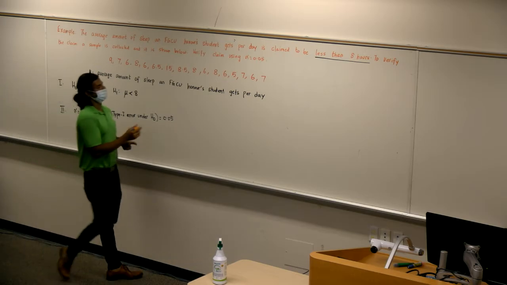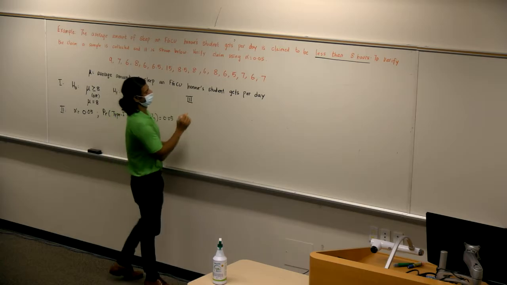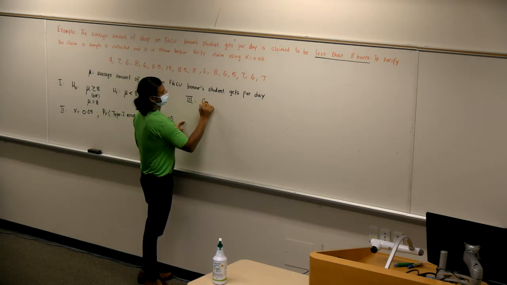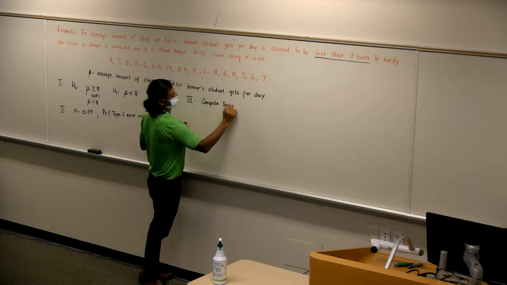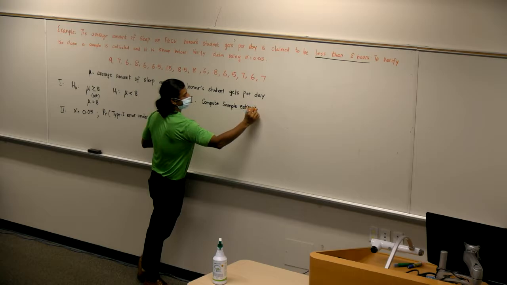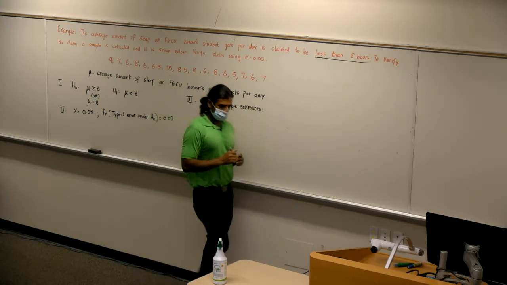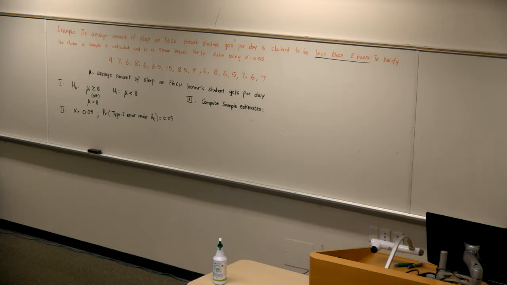The third step from last time is where we collect a sample, which we did. And we compute sample estimates. So we have to find the sample mean and the sample standard deviation.